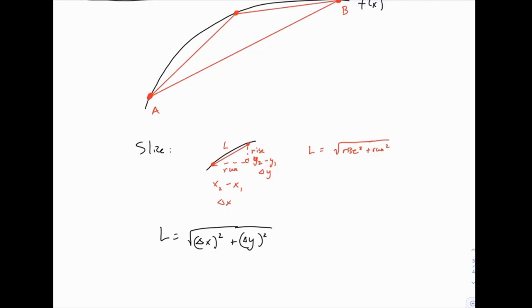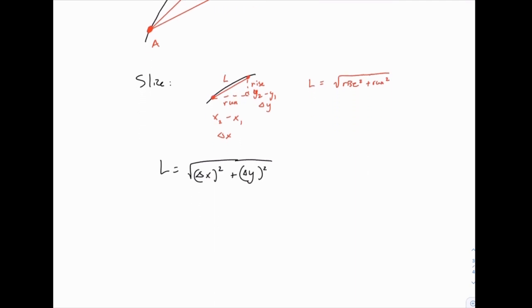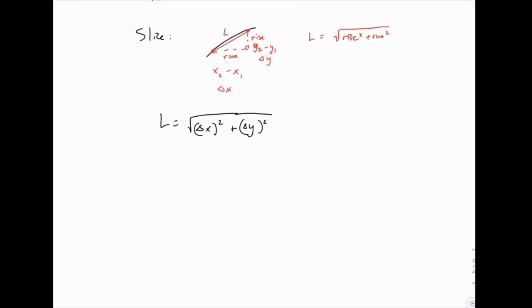Now again, remember we're building to a formula, so if the intermediate steps don't make complete sense, that's okay. I just want to show you where the formula comes from so that at least you've seen it once. Now we'll do a little bit of tricky algebra where we're going to factor out a delta x squared. Now you may notice that when we do this, the second term doesn't have a delta x squared.